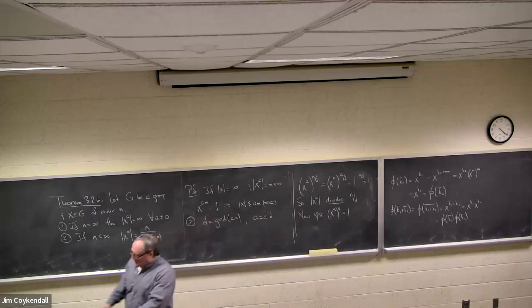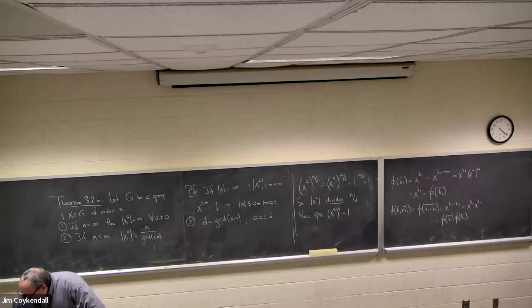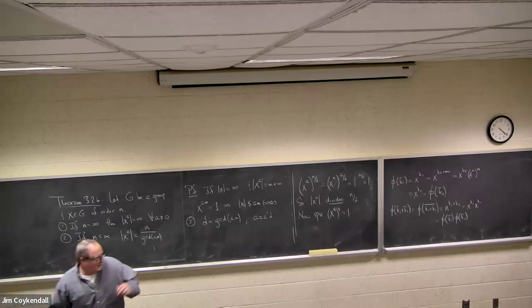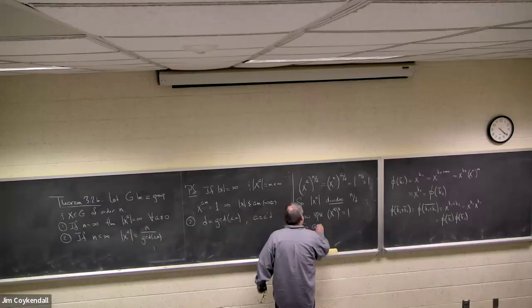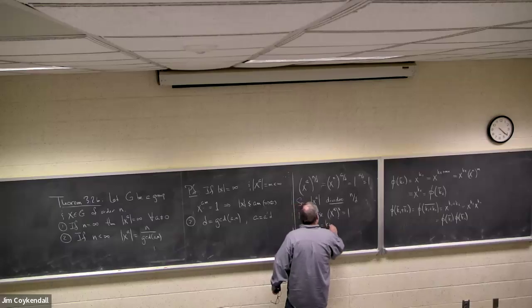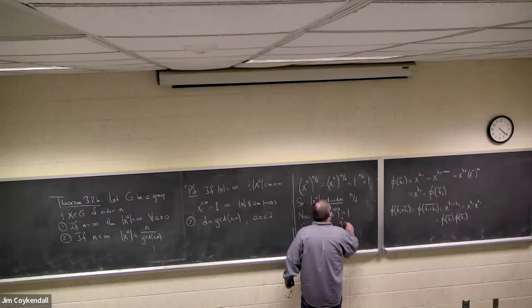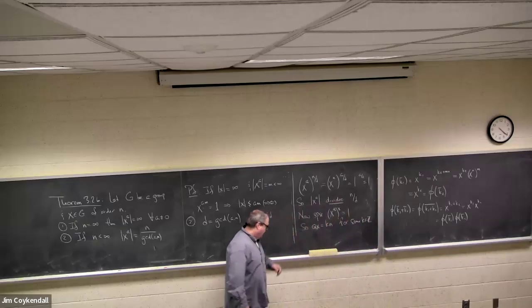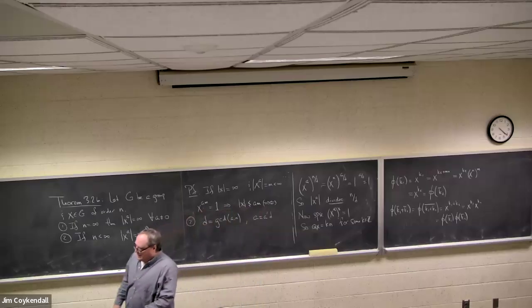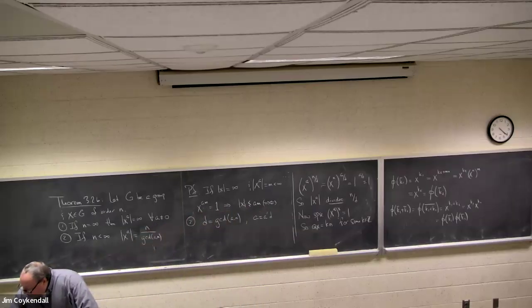Well, this means that ak must be a multiple of n.